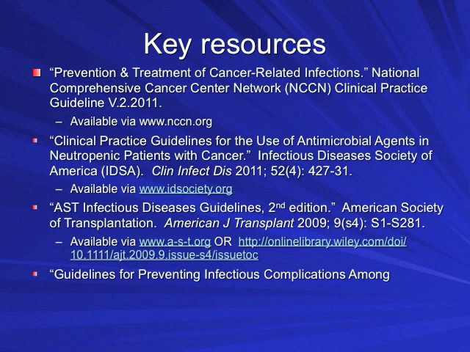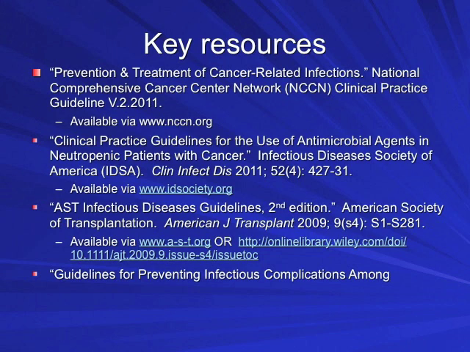So I want you to have access to these key resources that I leaned on heavily for this talk. The first are the NCCN National Comprehensive Cancer Network Clinical Practice Guidelines for Prevention and Treatment of Cancer-Related Infections. That's available on their website.